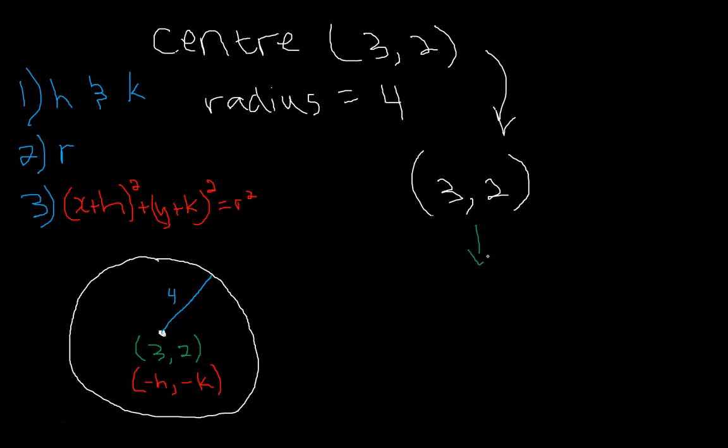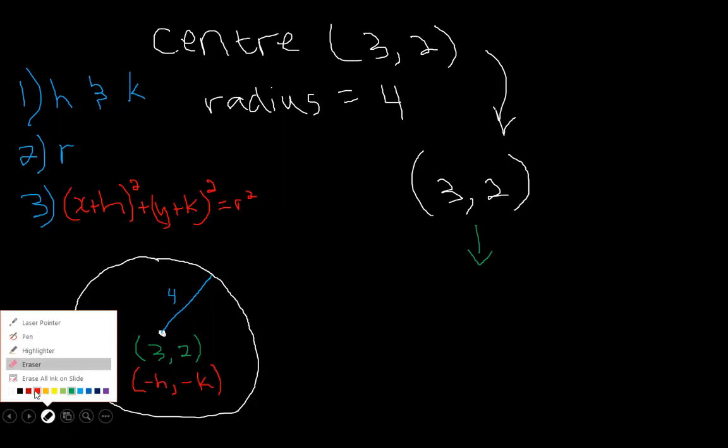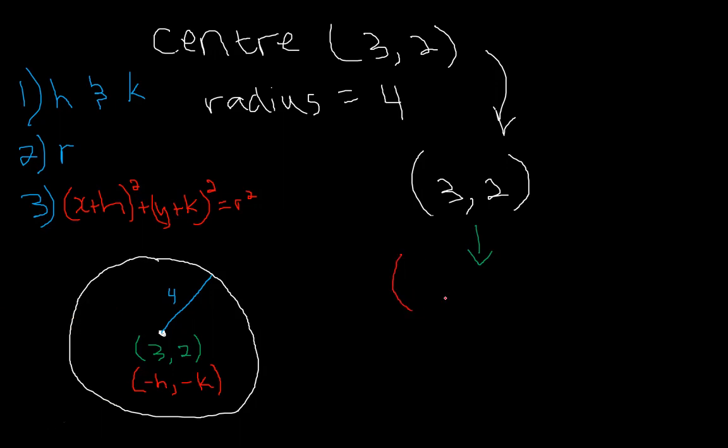We know that this center is in the form, hold on, let me use red. We're using red for all the things you need to remember. So (minus h, comma, minus k). This coordinate here is in this form, and we want to identify our h and k values.